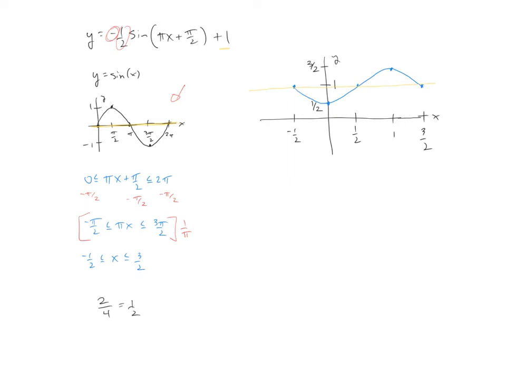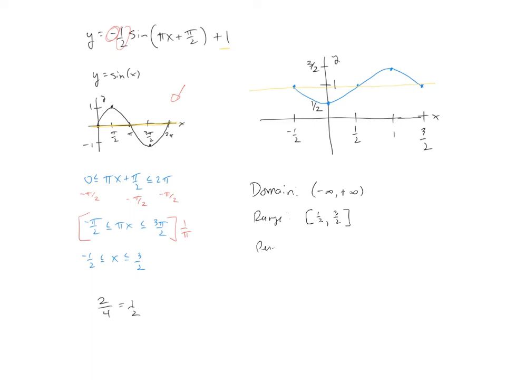Now, in terms of other information that we would want to know from this graph, the domain, similar for all sines and cosines, you'll see is negative infinity to positive infinity. The range, here our low number is 1/2, and our maximum value is 3/2, inclusive on both of those.